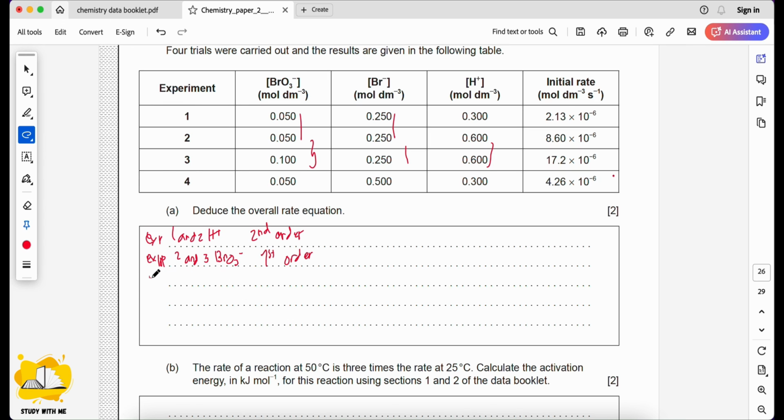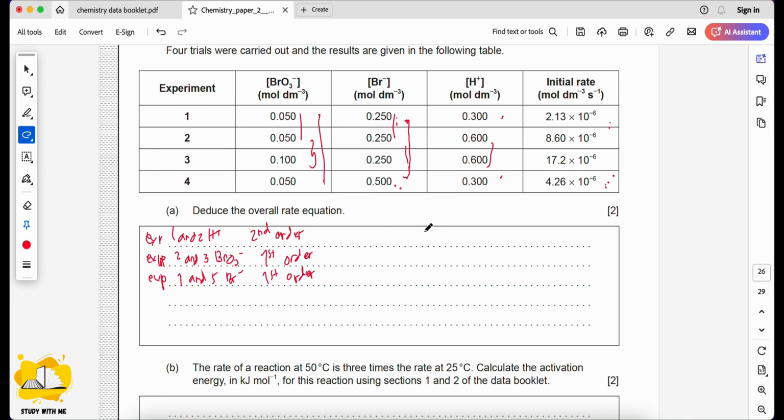And for experiments 1 and 5 for Br-, 1 and 5, this is the same and this is not. Okay, so Br-, and then this the same. So you see, double the concentration, double the initial rate. So this is first order.